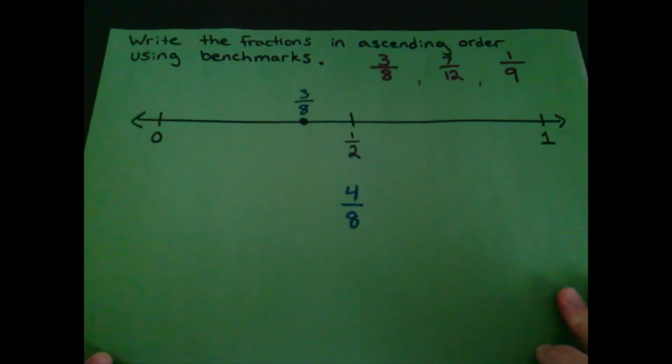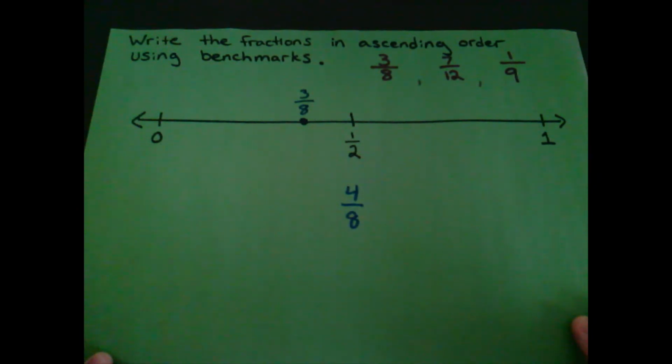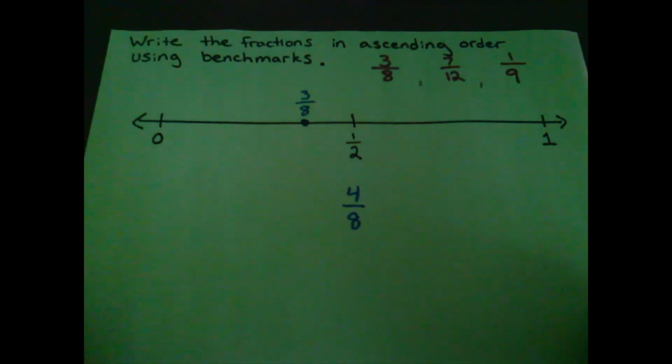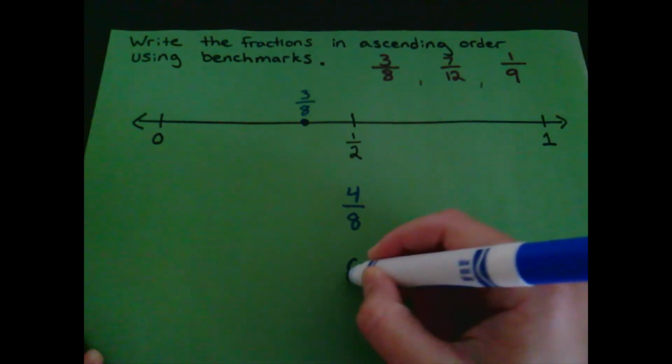Okay. The next fraction we have is 7/12. Is 7/12 close to 0, 1/2, or 1? 7/12 is close to 1/2. Very good. How do we get that? Well, the halfway mark, if we were dividing this number line into 12ths, would be 6/12, because 6 is half of 12.